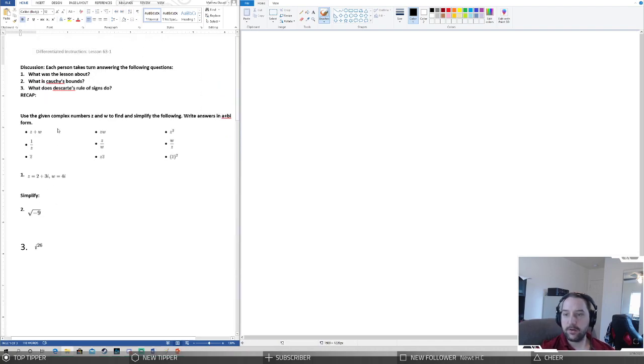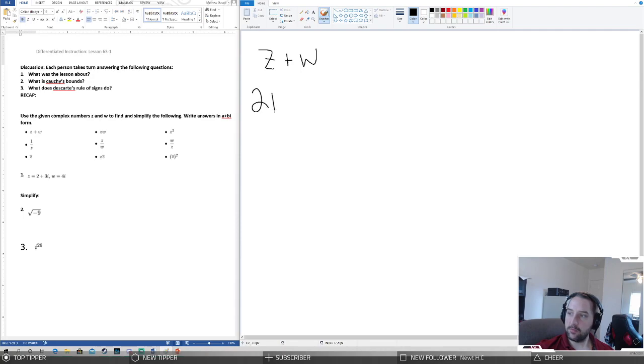Number 1. So number 1, it says, use the given complex numbers z and w to find and simplify the following. Write your answers in a plus bi form. So this first bullet point, it's just saying what is z plus w. So then we just replace what z is. It says right here that z is 2 plus 3i.